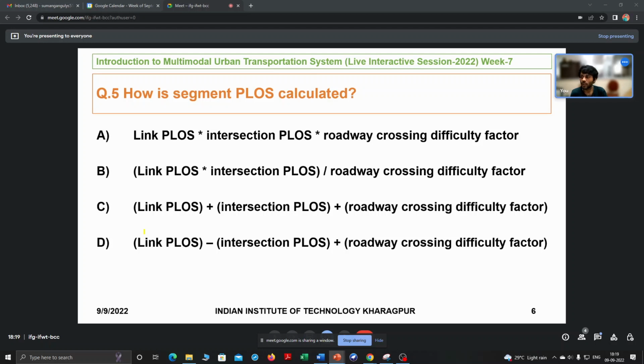B means you are saying link into intersection by roadway crossing difficulty factor. Roadway crossing difficulty factor means the problem that a particular pedestrian is facing while crossing the road.